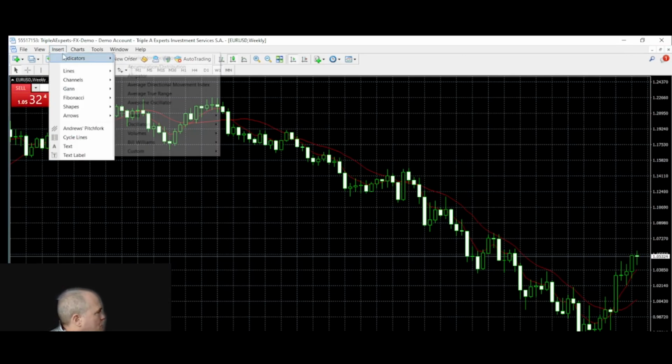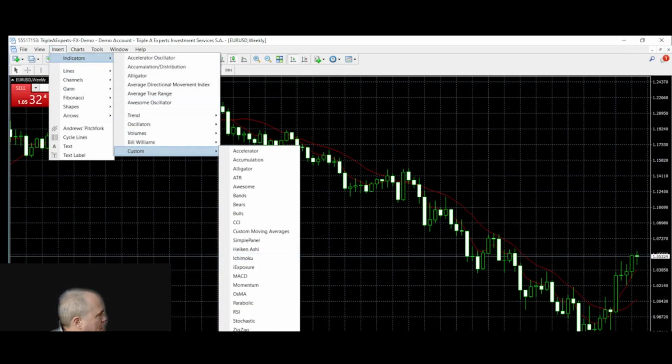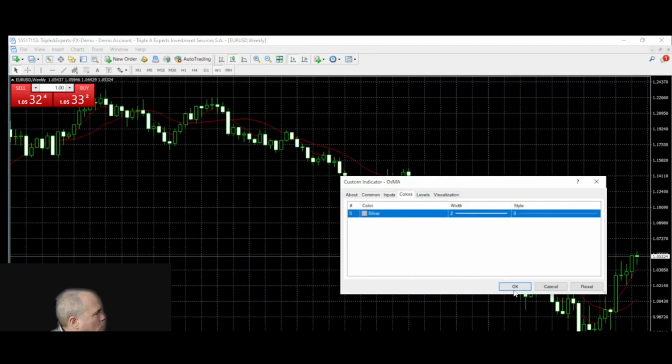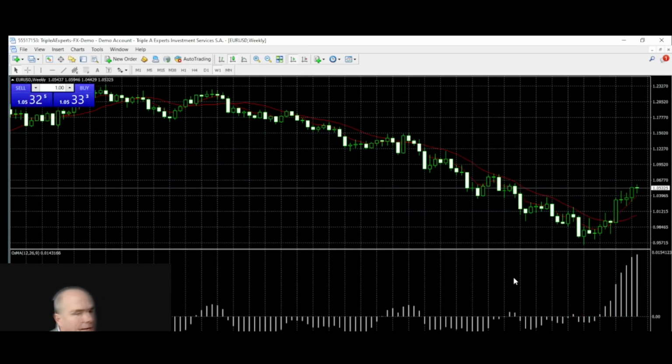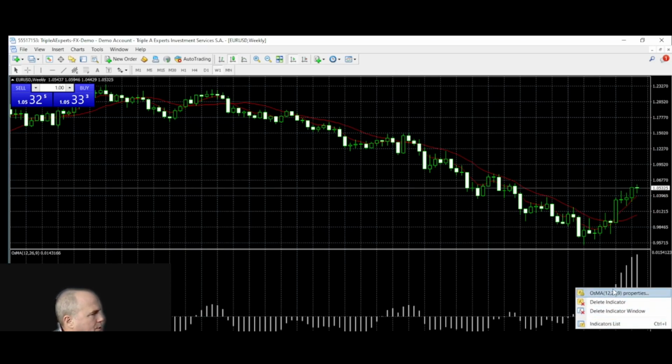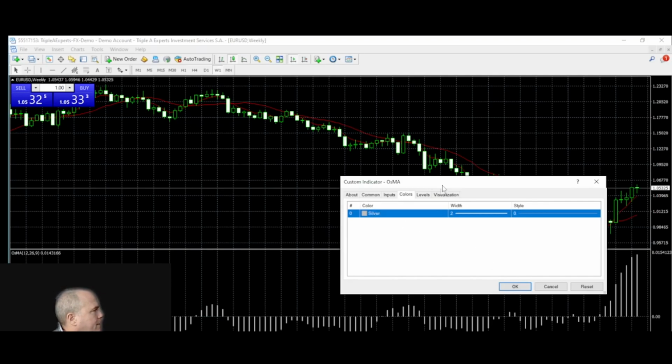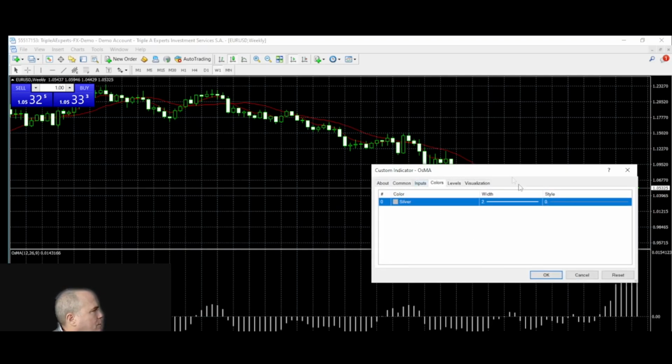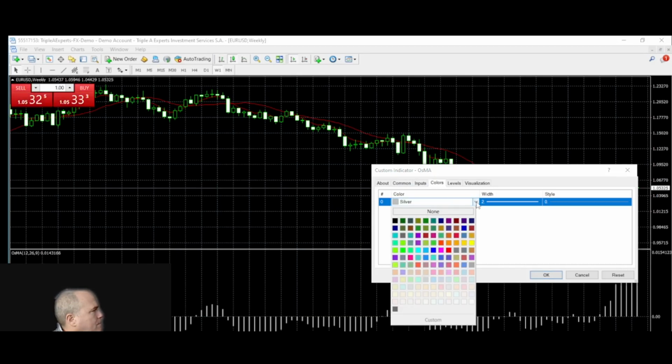We are going to click insert, then indicators, custom and OSMA. Once you do this, you press OK. And then you're going to see these squiggly lines, and you're probably going to wonder what the heck these things are. You can play around with them. I don't personally touch the numbers there, the inputs, so to speak. The only thing I can touch that I think makes sense is the colors here.